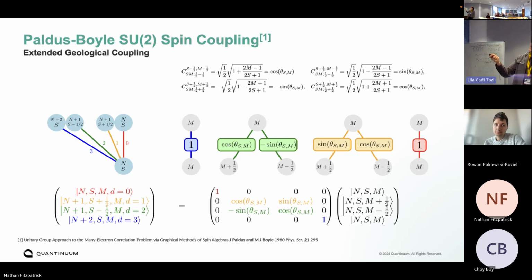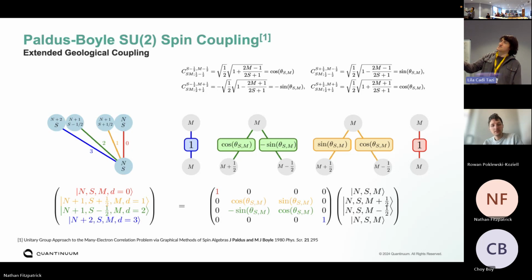And then there's a corresponding spin coupling when you do that in the spin projection space. So essentially, you have to think about it as two corresponding graphs. You have the UD part of the graph and then the SU part of the graph. The SU part of the graph can be thought of as the genealogical coupling, and these are the Clebsch-Gordon coefficients here essentially.